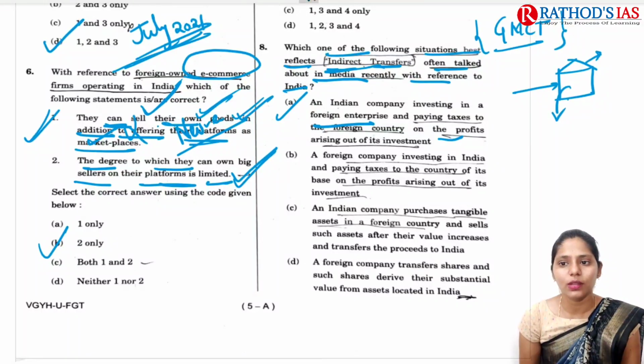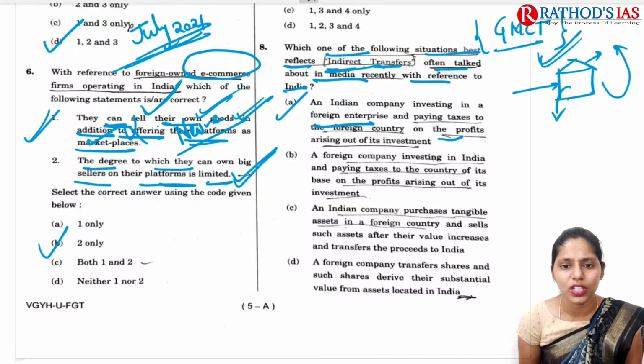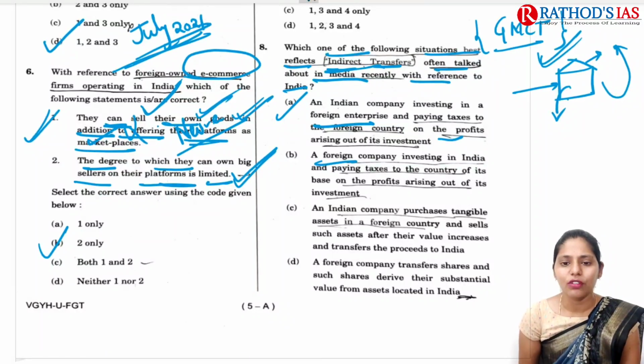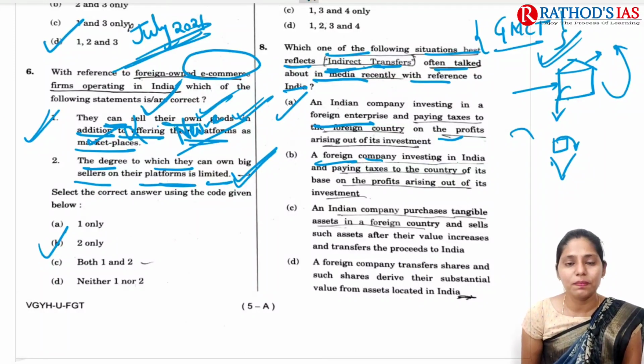Wherever it is getting the profits, on those profits they are paying the tax. It will not come under indirect transfer. The next one is a foreign company investing in India, which is paying taxes to the country of its base on the profits arising out of the investment. Yes, it will not come under indirect transfer.